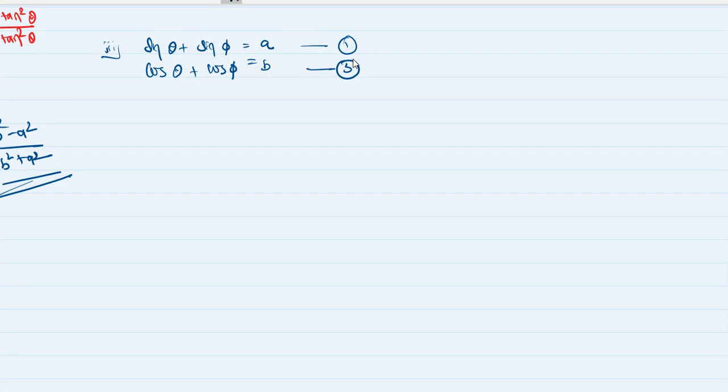If you remember, we gave those numbers. So what we have to do is we have to square these two equations and add them. I'll tell you why we are doing this. Squaring equations 1 and 3 and adding them.